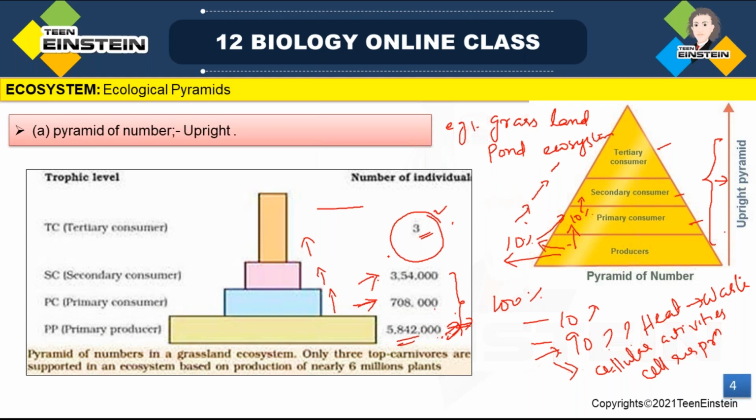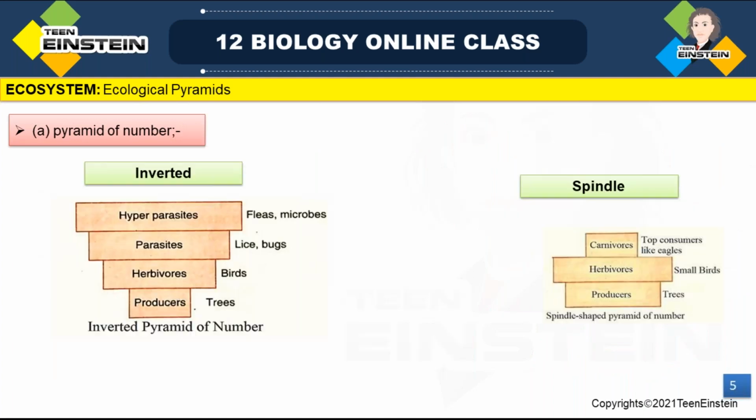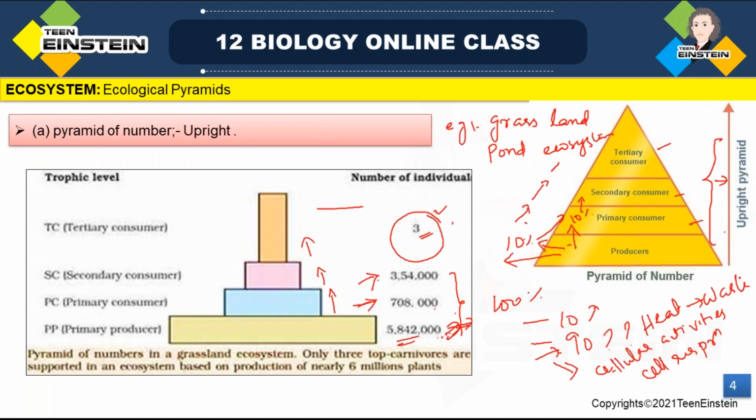Next is the inverted pyramid of numbers. See here, one thing: pyramid of number, ecological pyramid. In that, the first one is the pyramid of numbers.